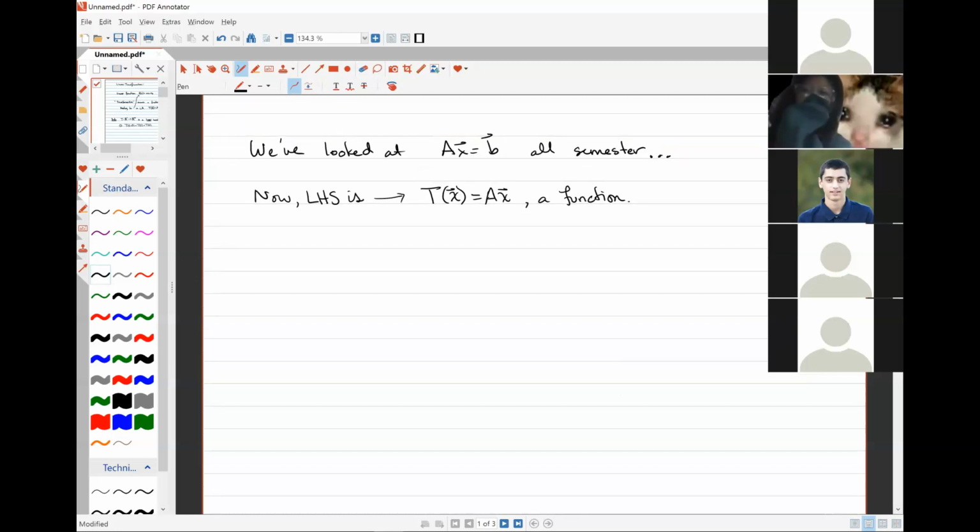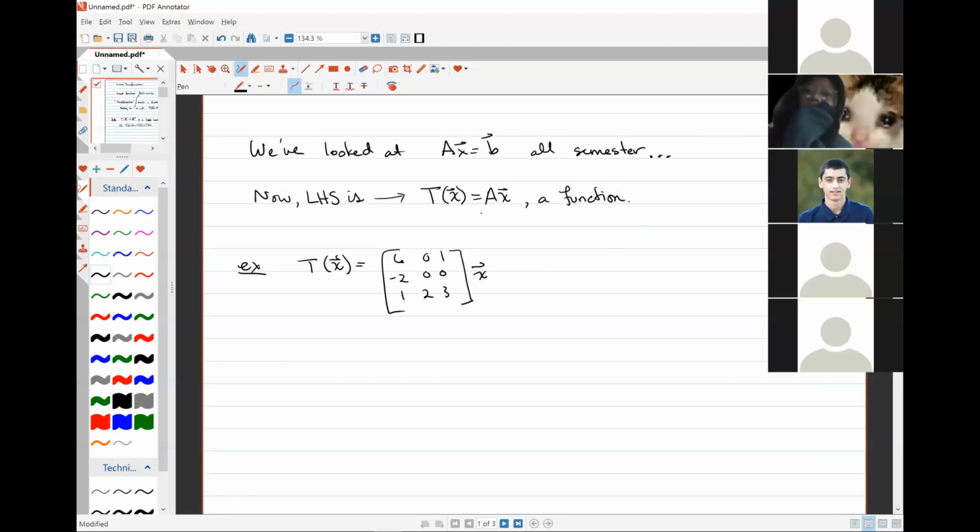And so we know, if we look at something like A times x, it's really a list of the left-hand sides of some system of linear equations, right? So I'll just pick something pretty easy. Let's say T of x is the matrix with rows 6, 0, 1; minus 2, 0, 0; and 1, 2, 3.